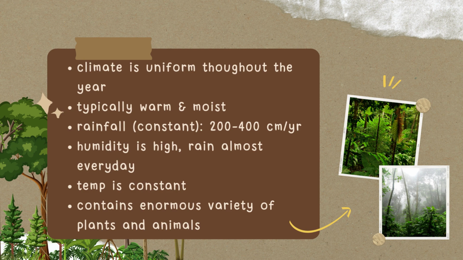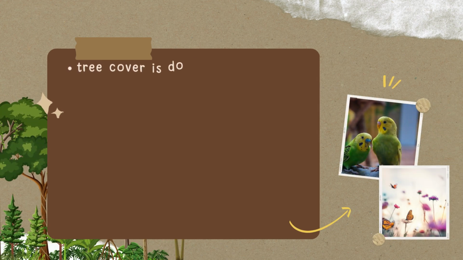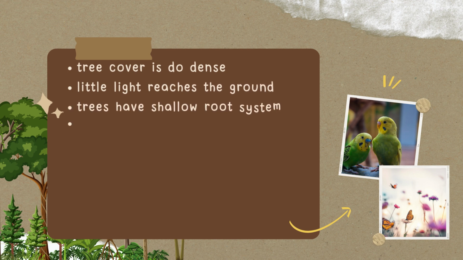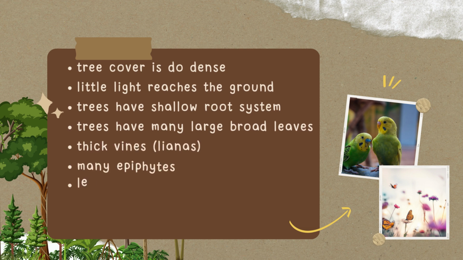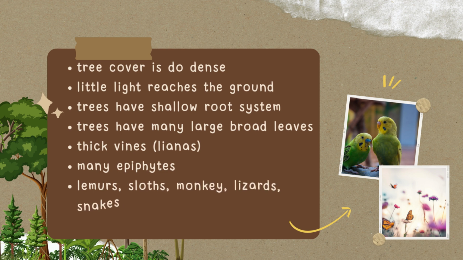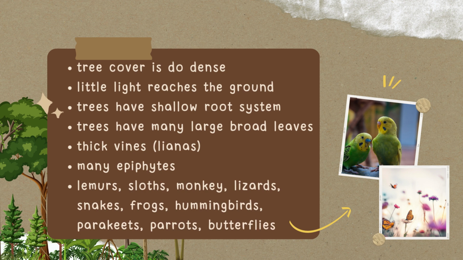Okay, now another distinct thing to take note of is that the tree cover here is so dense. Because a lot of trees are present in tropical rainforest, and since the canopies of the trees are very dense, there is little light that reaches the ground. Okay, and that technically affects humidity and later on again raining or precipitation within this particular type of forest.